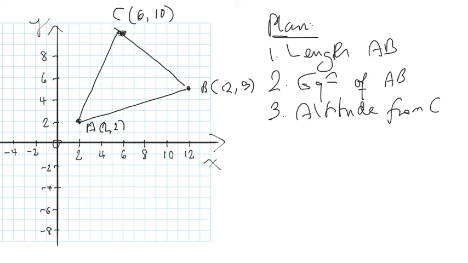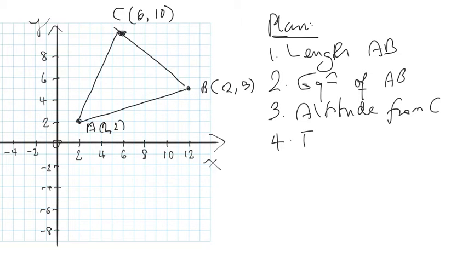Now that already has 3 steps of its own, but really I'm just going to shorten my plan and say altitude. You can look back on the previous lesson to see how we're going to calculate that altitude. The fourth thing that I'm going to do is find where the altitude from C intersects AB.